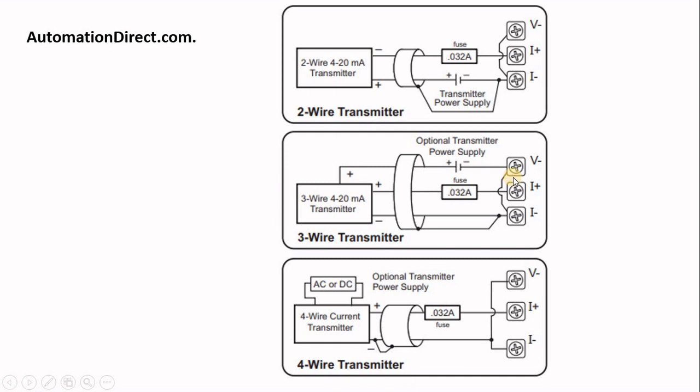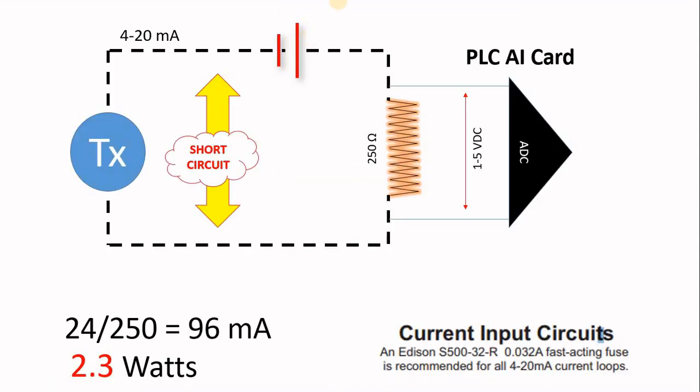From your PLC cabinet, you send the 24 volt as your power supply to your transmitter, and then you receive the signal back, and the ground is common for both the power and the signal. What happens here if you have a 24 volt power supply and you short circuit in this area? Then you actually have the 250 ohm in the way of your power.